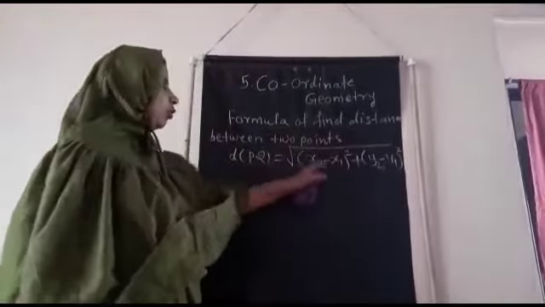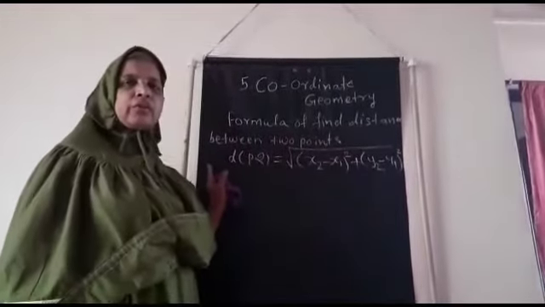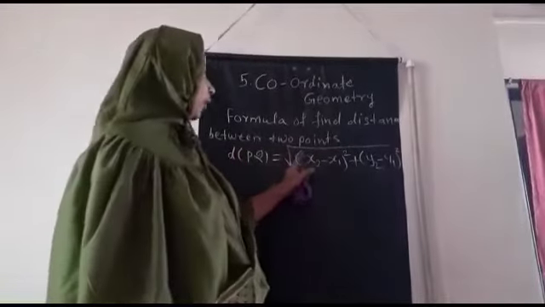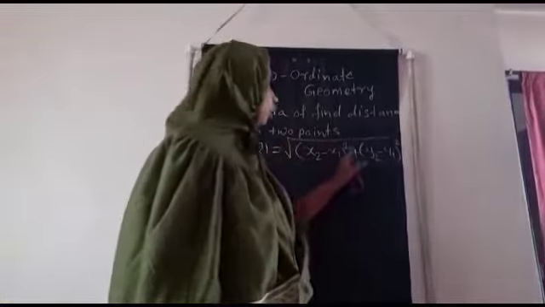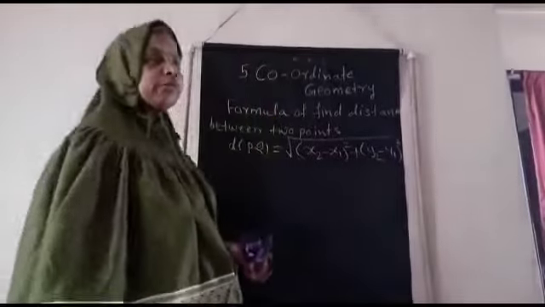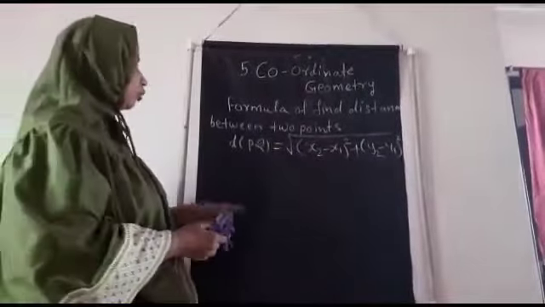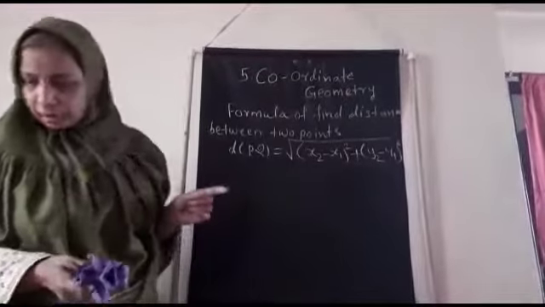So this is the general formula for finding the distance between two points: distance PQ is equal to the square root of (x2 minus x1) whole square plus (y2 minus y1) whole square. Now I am explaining this formula with the help of one example.